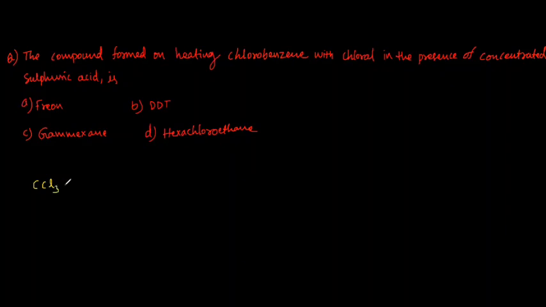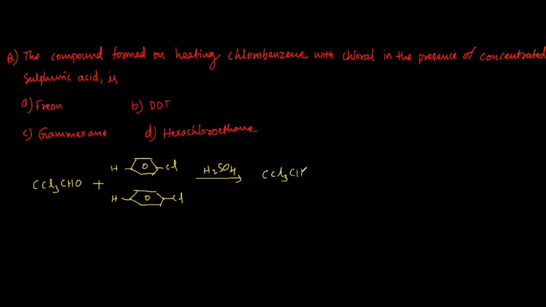Here, CCl3CHO is chloral. It reacts with 2 moles of chlorobenzene in the presence of H2SO4. The compound formed is DDT.